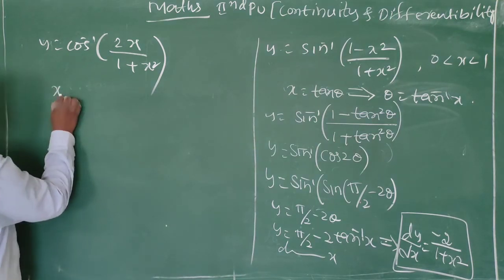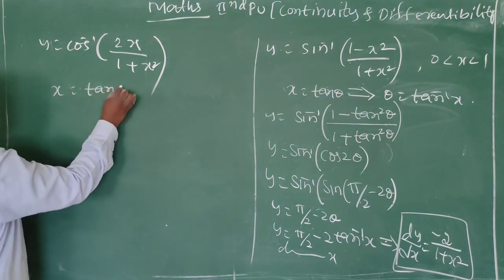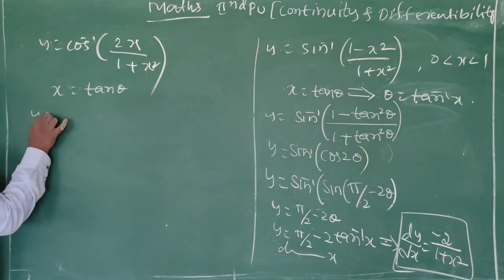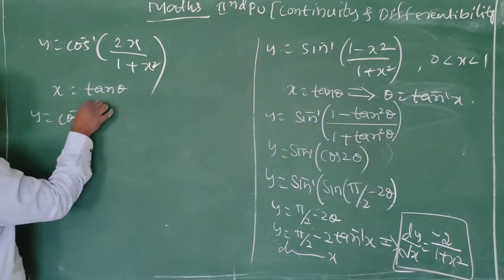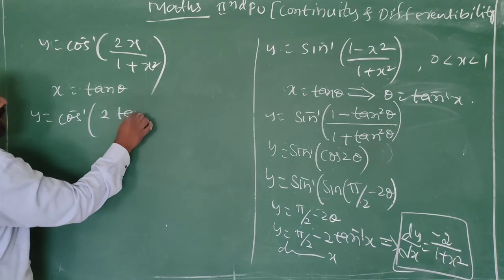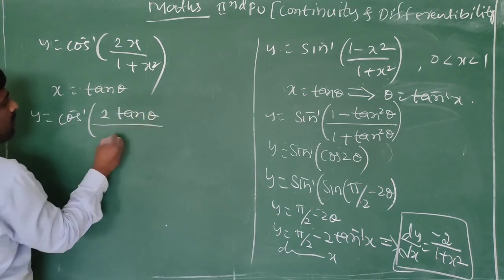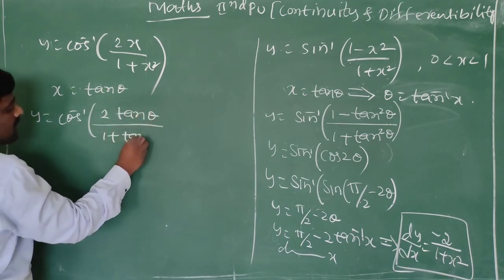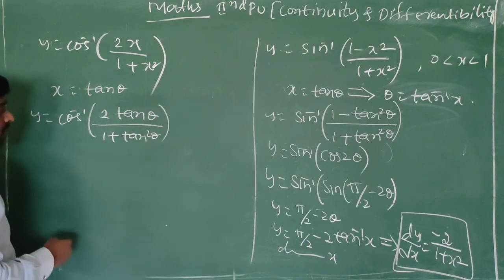Same, put x is equal to tan theta. y is equal to cos inverse of 2 tan theta divided by 1 plus tan square theta.